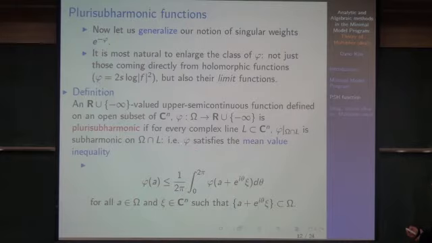Subharmonic means the following inequality. For every point a in the open set omega, phi(a) is less than or equal to the average over the circle whenever these points are completely contained in omega. Such a property is called subharmonic, which is a notion of one complex variable. When you require it for every complex line, it becomes a notion of several complex variables, and it's called plurisubharmonic.